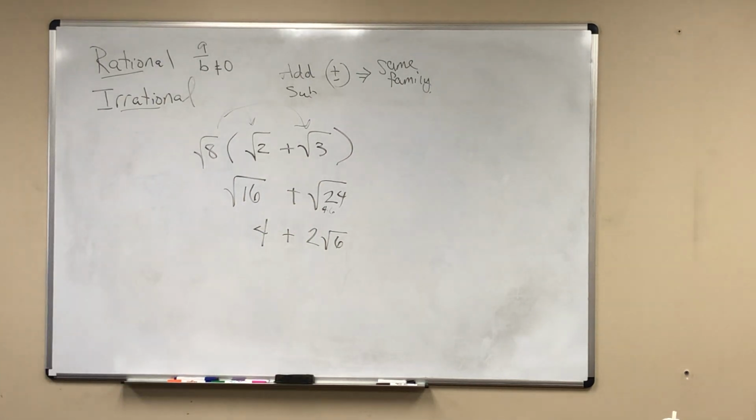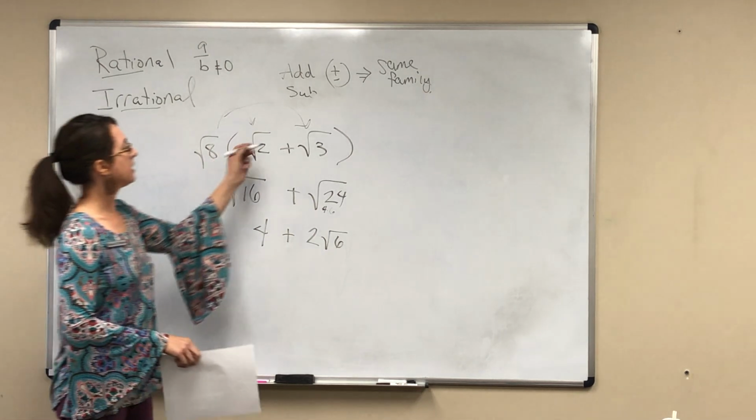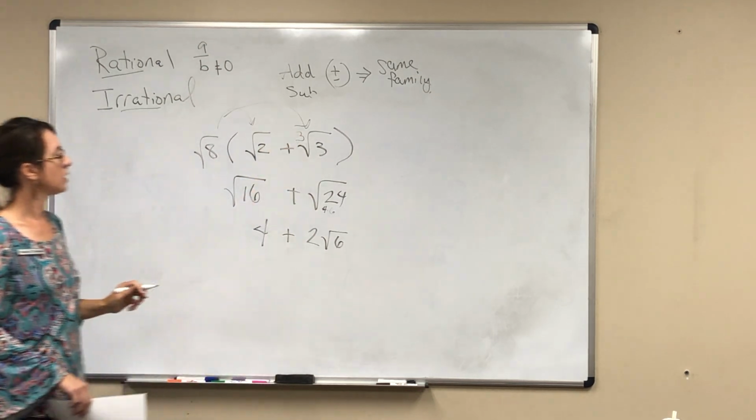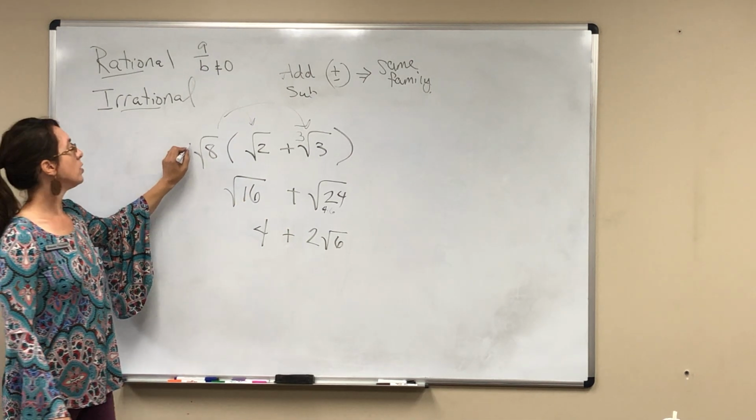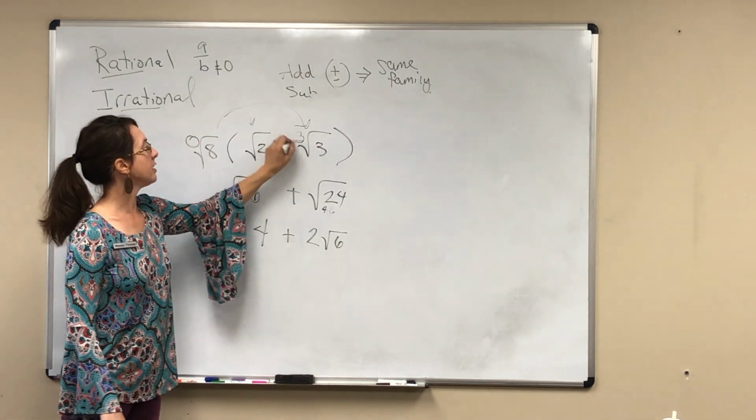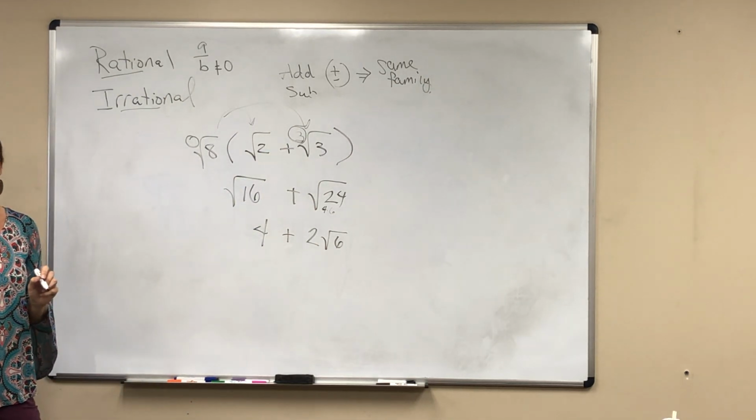What if in the parentheses, one of them is like to the third? Can you distribute? No. Because the rule for multiplication is that your indices have to be the same.